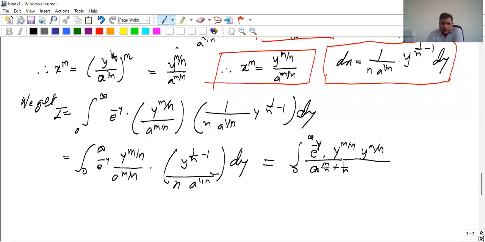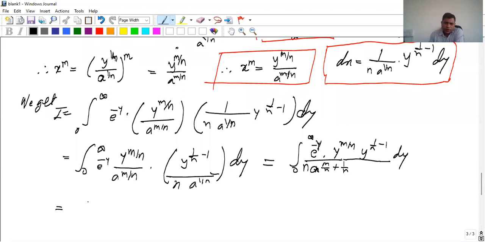This is y raised to m by n, and this will be 1 by n minus 1 and dy. Is that okay? Are you getting this now? Yes, sir. And we'll be having here n again. Okay, this n remains.